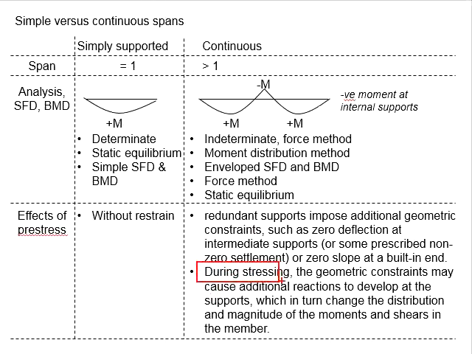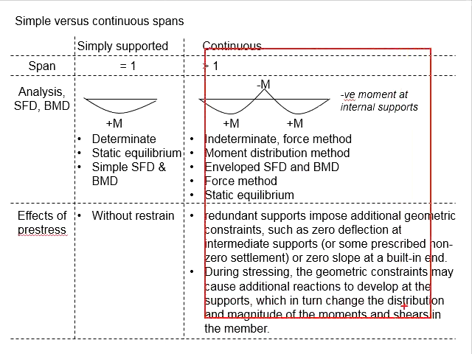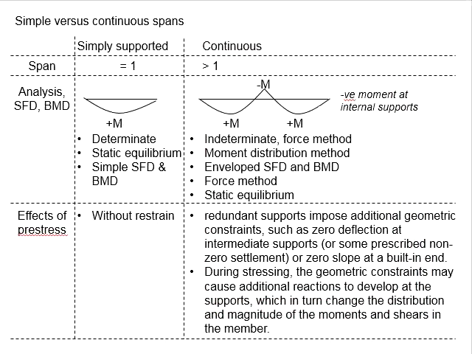During stressing, the geometrical constraint may cause additional reactions to develop at the support. This in turn changes the distribution and magnitude of moment and shear in the member. With that said, pre-stressing a continuous member is fundamentally more complicated compared to the simply supported member.